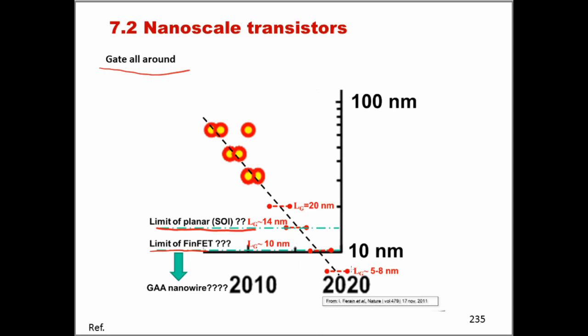Well, the gate-all-around is expected to have its physical limit at effectively 5 to 8 nanometers. Okay, so for maybe the next few years, we will still be relying on probably gate-all-around and FinFET a little bit, and then we will see. We shall see in a moment.